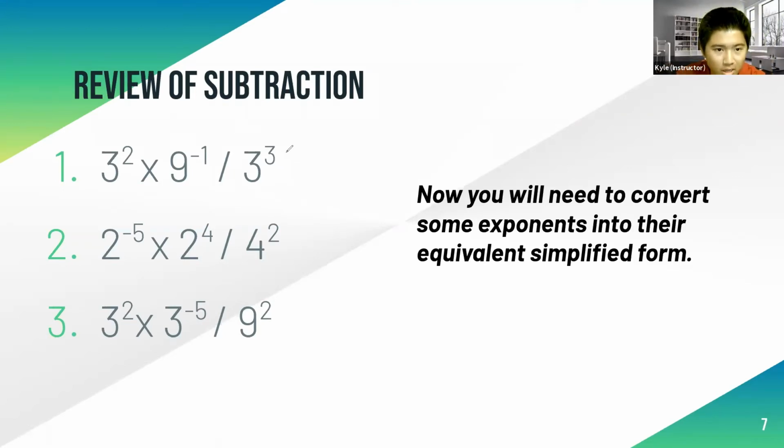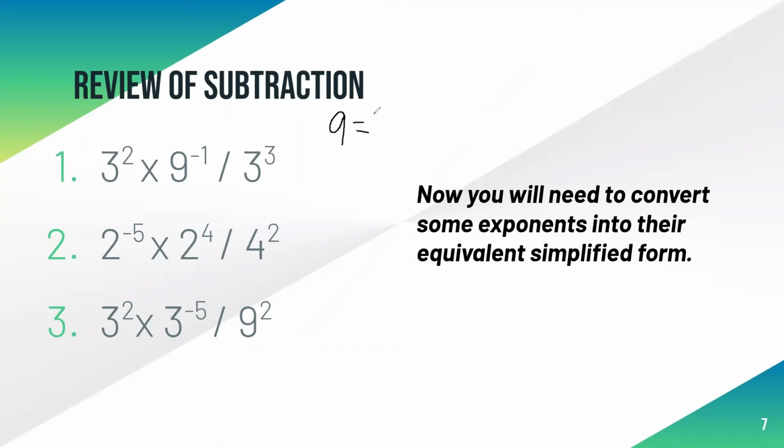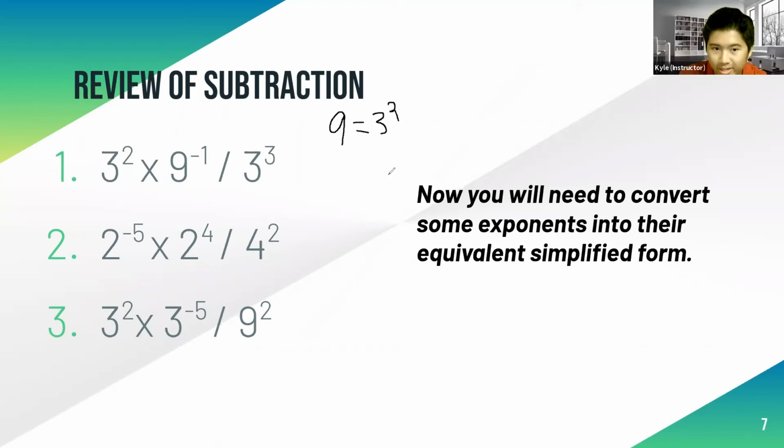So basically, for converting exponents, all we do is think about, okay, this is a 9, and what perfect square is a 9? 3. So it's 3 squared, right? So instead of a 9, we can substitute 3 to the power 2.